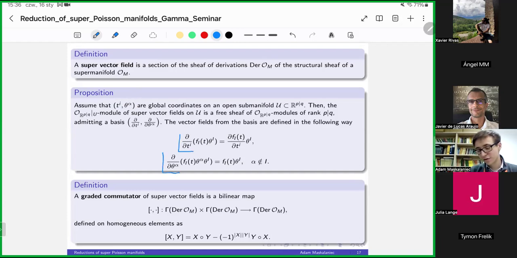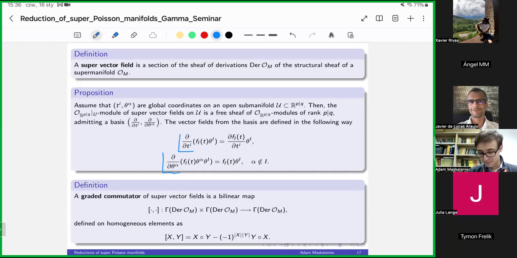This is a very convenient approach, since there were other possible formulations of the theory of supermanifolds that are now mostly out of use, which used the language of charts and atlases.